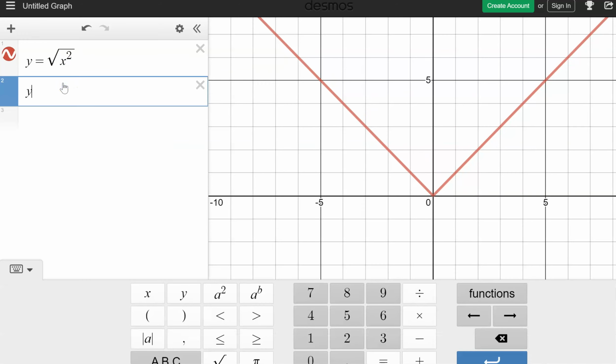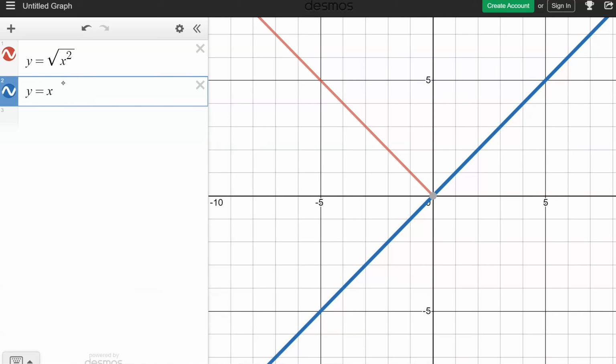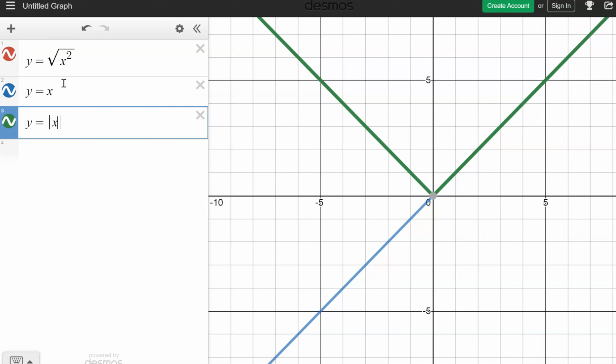If I type in y equals x, that is a line that has a constant slope of positive 1, right? Y equals x is different than y equals absolute value x. Y equals absolute value x looks like this.